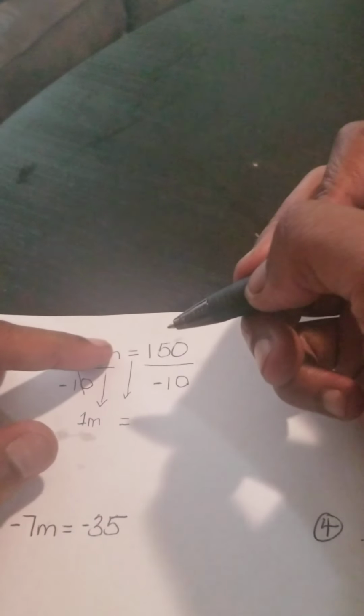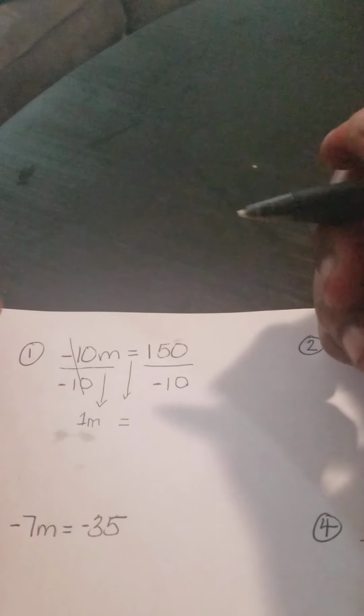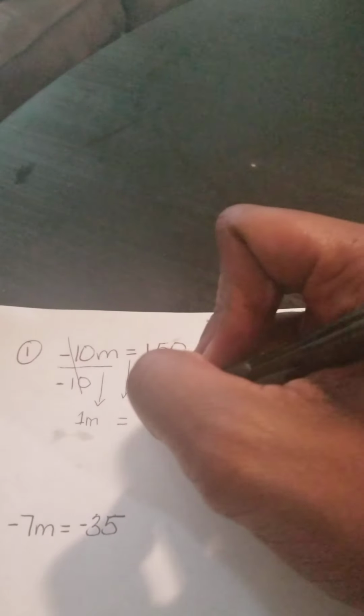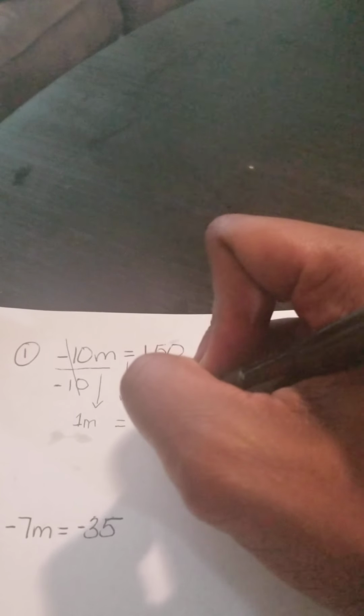I would prefer that you use a calculator, especially for high numbers that you have a little bit of difficulty with. But you do it the same way, and all we're going to do is make sure our sign stays with our answer.